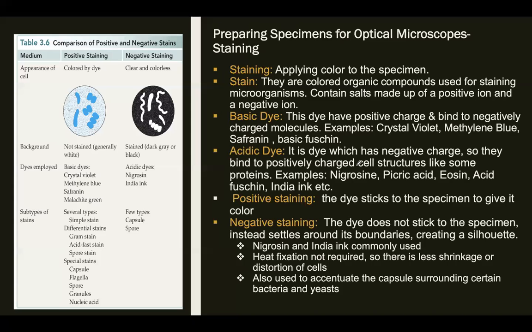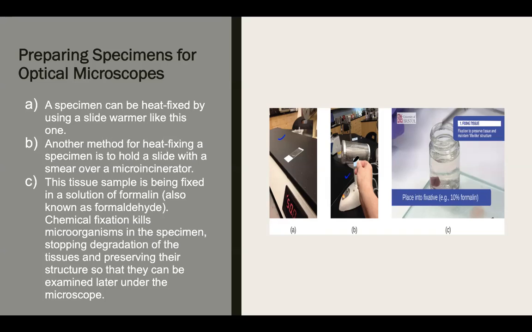We have one more way. Sometimes we use many different types of chemicals, like formalin, acetic acid. So many different types of chemicals are there, based on what type of tissues, what type of cells you are going to see.